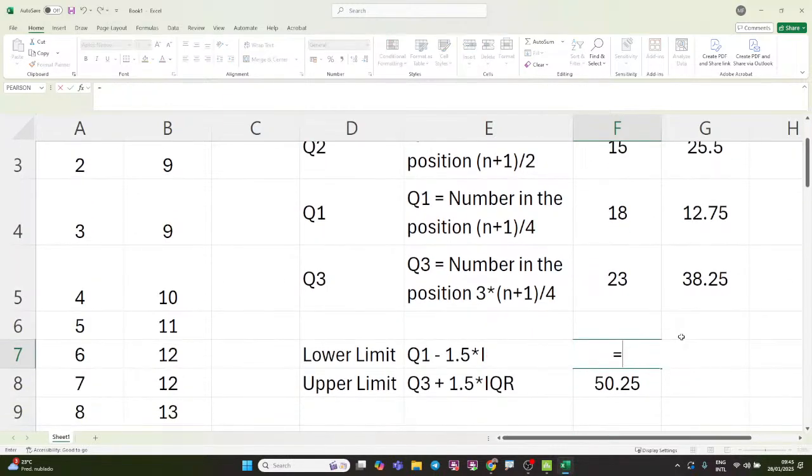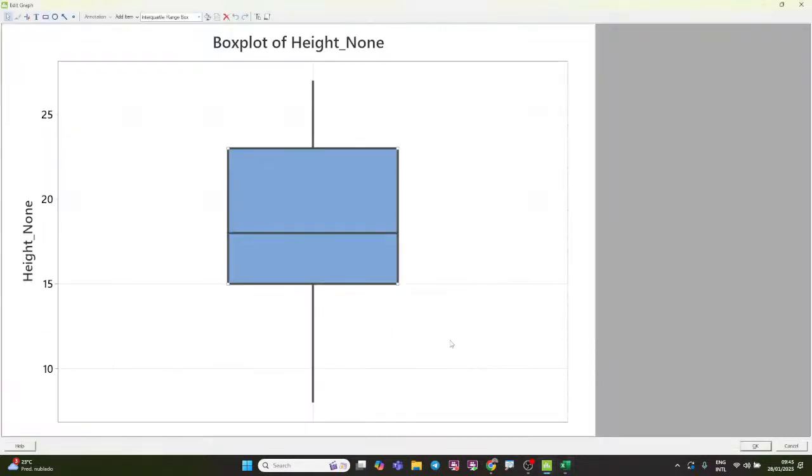So equal Q1 minus 1.5 times 8, and here we have Q3 plus 1.5 times 8. Yeah, so 6. We don't have 6 here. So what's going on here?